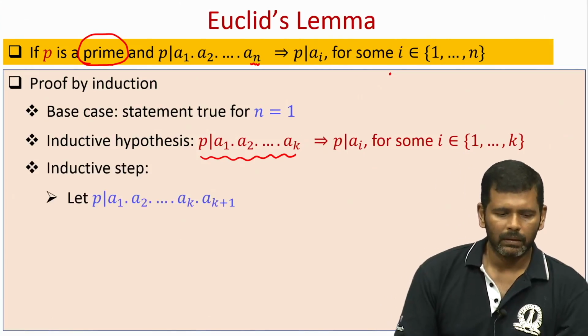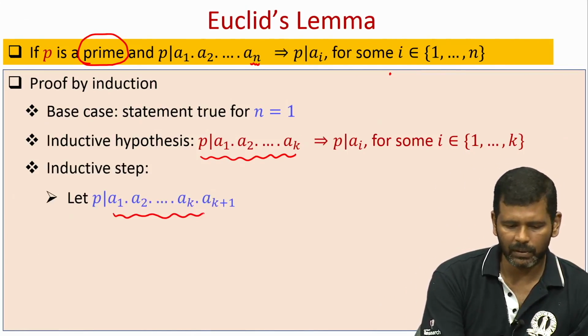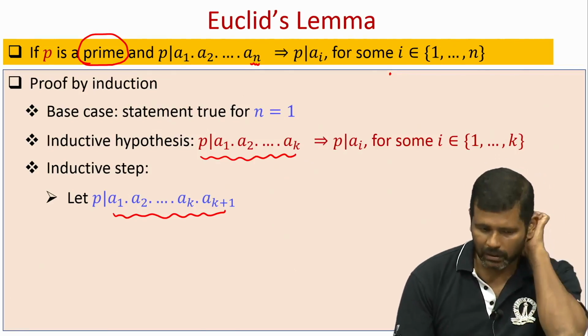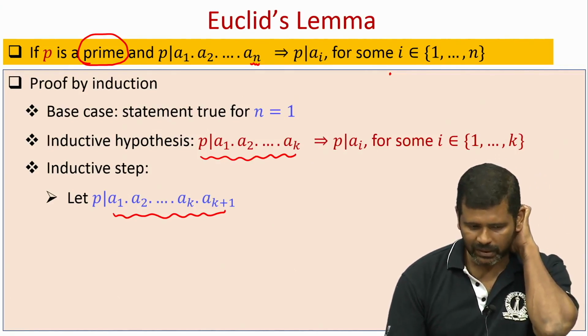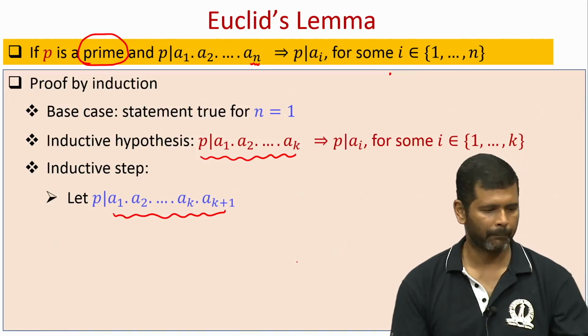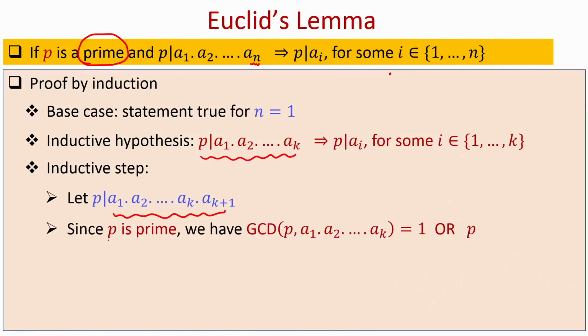Now, let us do the inductive step and take a new number which is the product of k plus 1 numbers, and imagine you have a prime number p which divides the product of those k plus 1 numbers. My goal is to show that there is at least one number out of these k plus 1 numbers which is completely divisible by p. The first thing to observe here is that since p is a prime number, what can I say about the greatest common divisor of p and this bigger number?